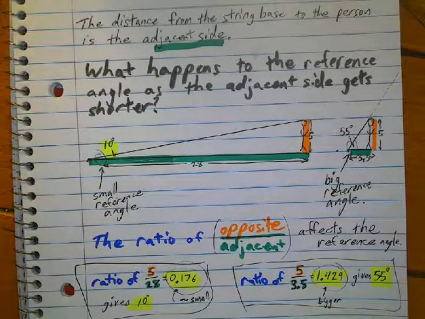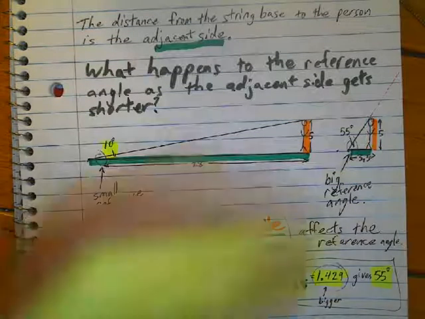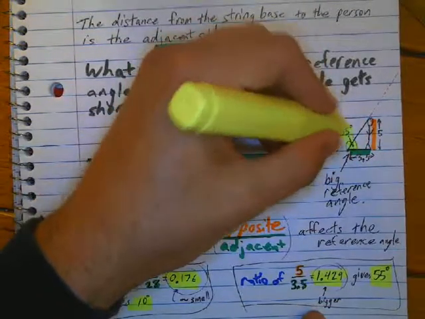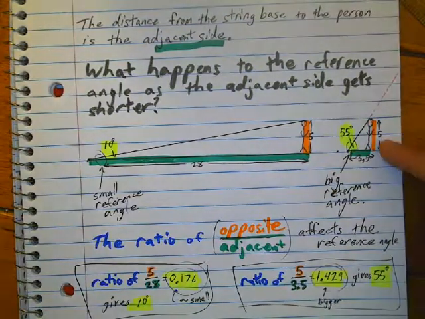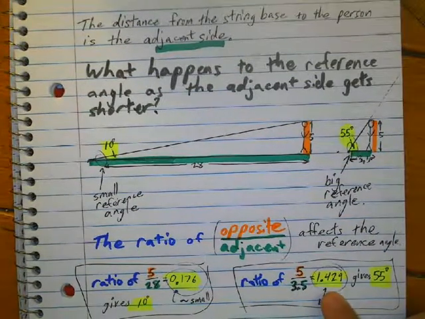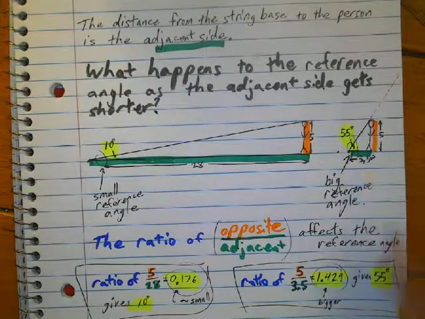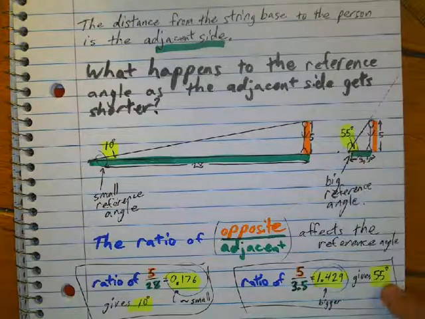Okay, now what about if we've got a big angle, like 55 degrees, if this angle is 55 degrees, then once again, the ratio of opposite over adjacent, 5 over 3.5, I get a bigger number, which is 1.429. And whenever the ratio is 1.429, you're going to get an angle of 55.